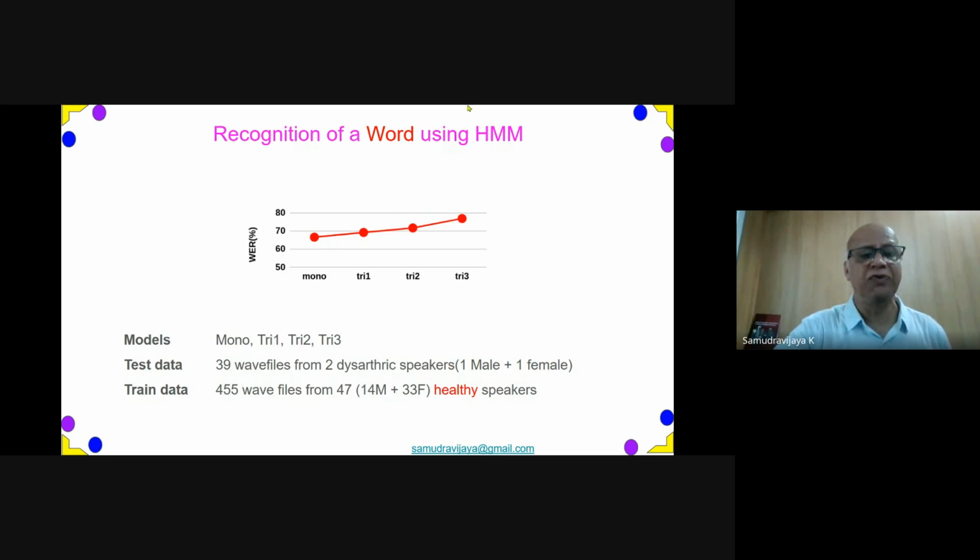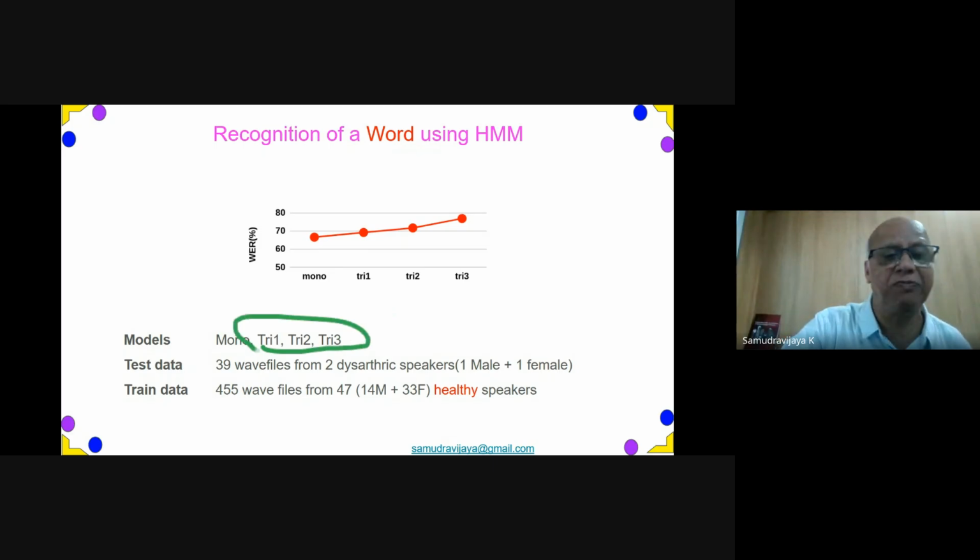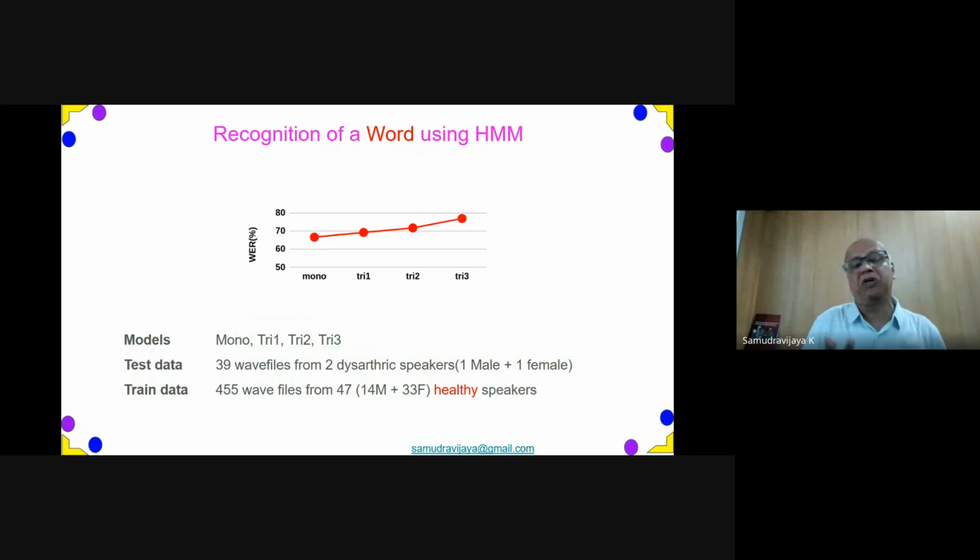What kind of models did we use? We use three types of hidden Markov model. One is called the monophone, the other is called triphone. These are versions of the context dependent models. We could not use DNN because the amount of speech data was small.